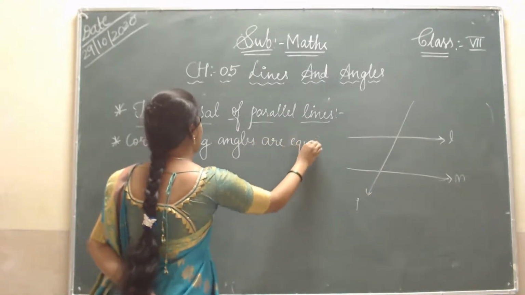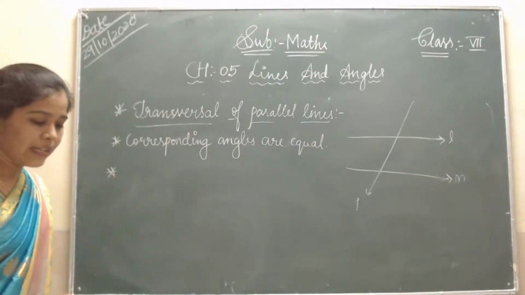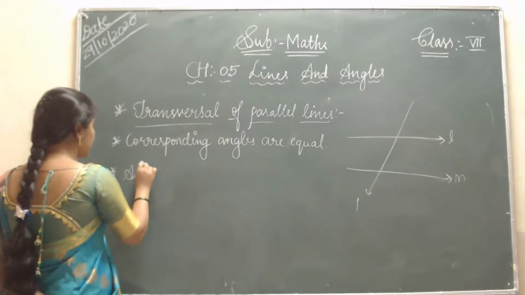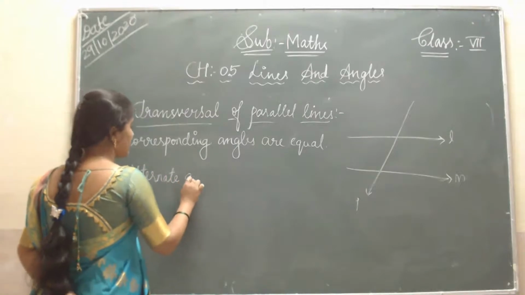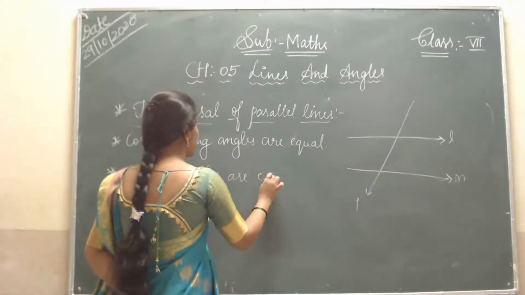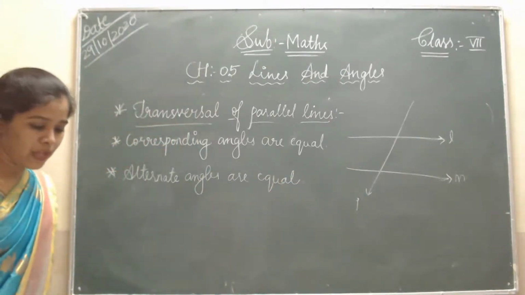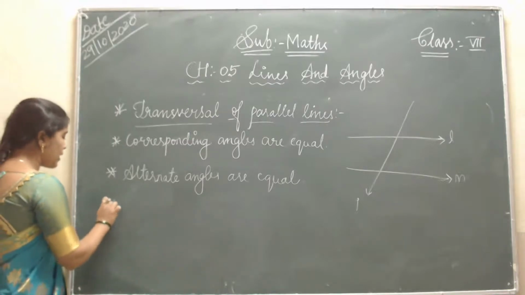Corresponding angles are equal. Second point: alternate angles are also the same. Alternate angles are equal. Next, the third point is interior angles on the same side of the transversal are supplementary.